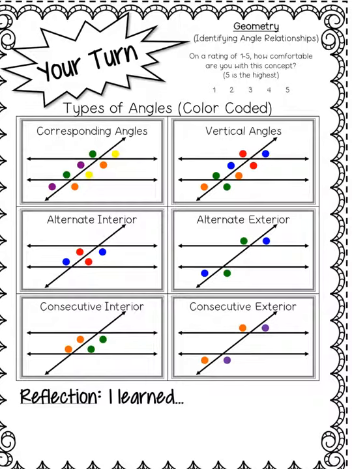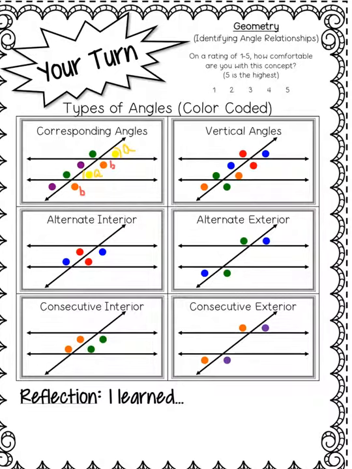So for example, if you look at the corresponding angles, if you don't have a yellow, you could actually write in here the letter A, and then over here write the letter A. So we know that this angle and this angle are congruent, and they're also corresponding. Same thing, you could then look at the next one. We could call this letter B, and this also letter B. And again, we know that those are equal to each other. So if you don't have different colors, you can use letters.